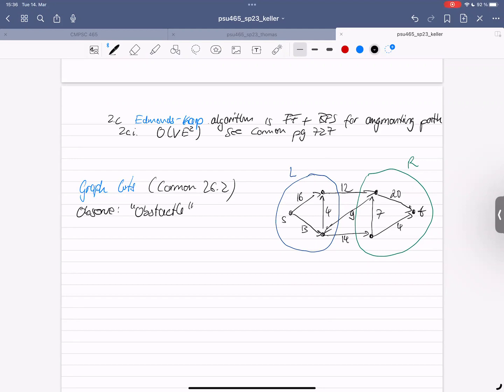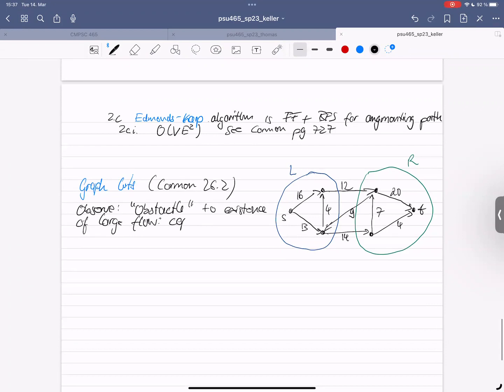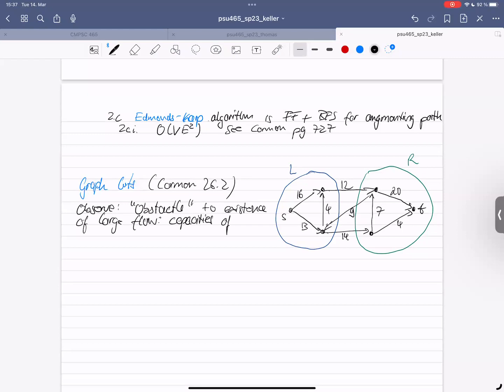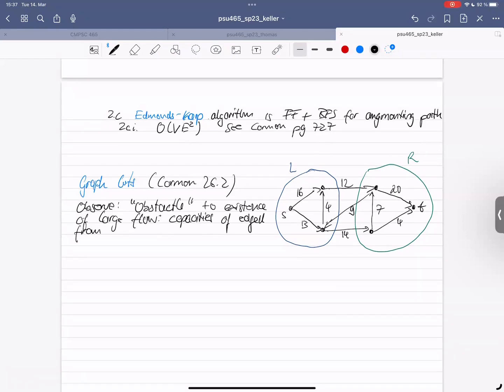So the obstacle to the existence of a large flow is the capacity of edges from L to R. Yeah, this makes intuitively total sense.